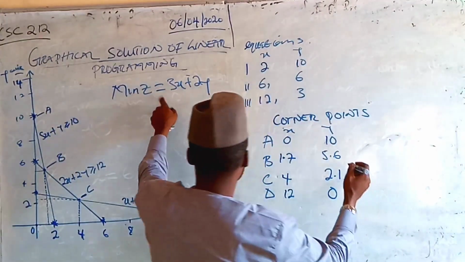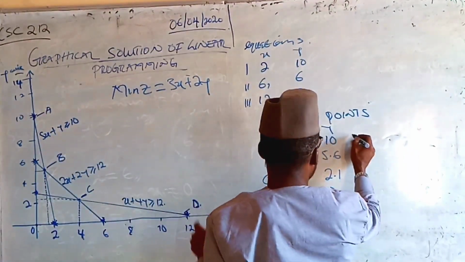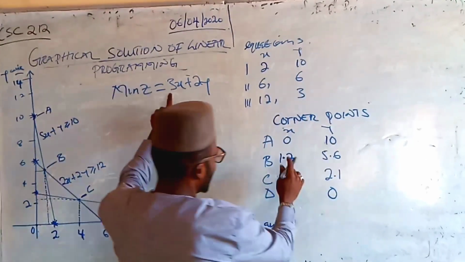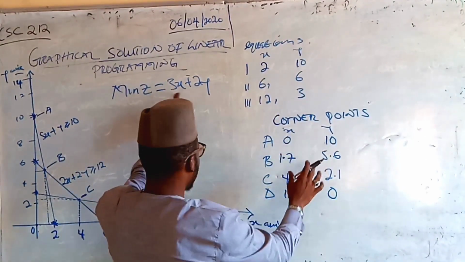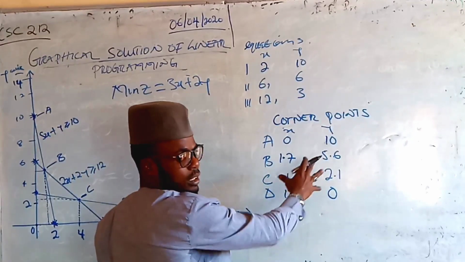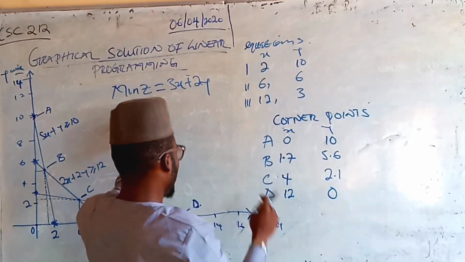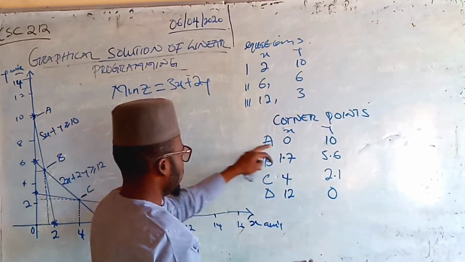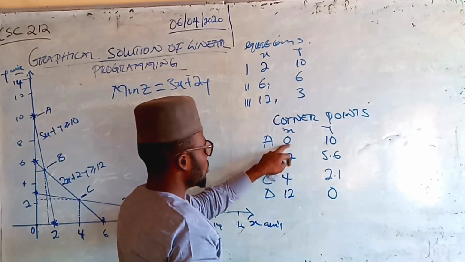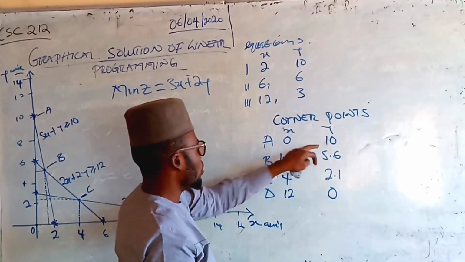So the first thing is that we are going to put the value of both the x and the y in all the corner points. So let's begin with the corner point A. At corner point A, we have the value of x equal to 0 and the value of y equal to 10.